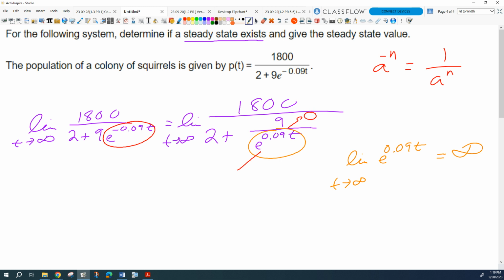And if that fraction approaches 0, don't we just get the answer 1800 over 2, which is 900? What's that tell us? What's the squirrel population going to approach as time moves far into the future? 900, and it's going to stay there. It's a horizontal asymptote. So does it have a steady state? Yeah, it does. Okay, make sense?